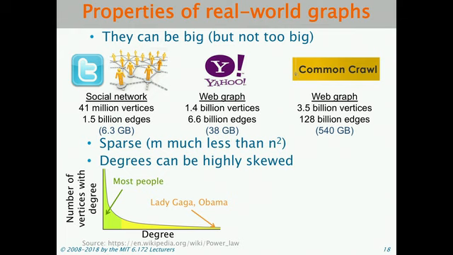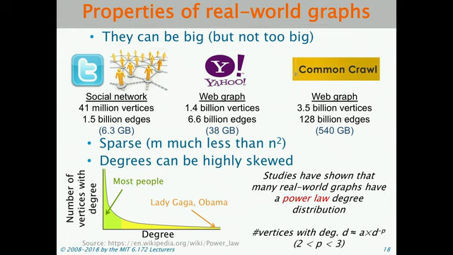This is what's known as a power law degree distribution. Various studies have shown that many real-world graphs have approximately a power law degree distribution. Mathematically, this means that the number of vertices with degree d is proportional to d to the negative p, where negative p is the exponent.